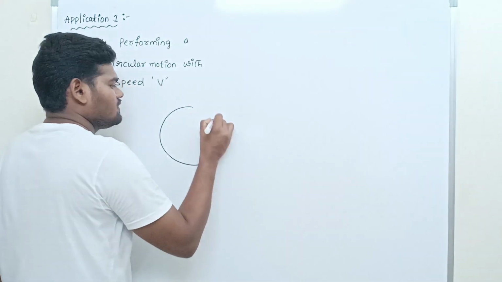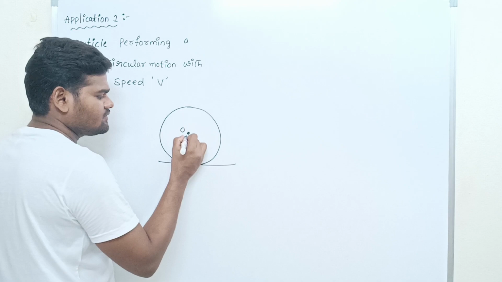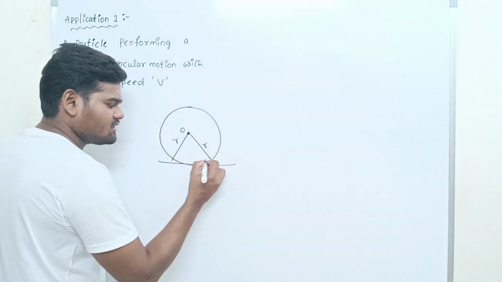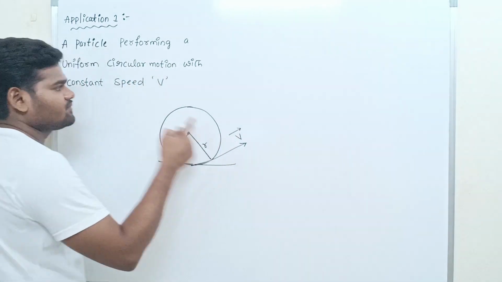Have a look. This is the origin O. From this center, this is the radius vector r. Now the particle performs uniform circular motion with constant speed v.